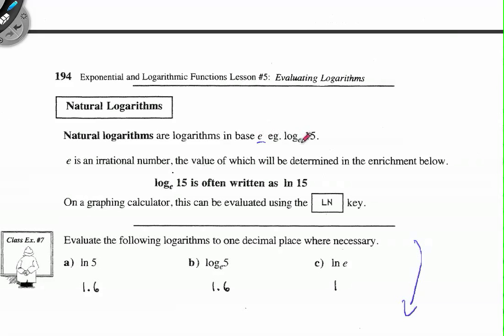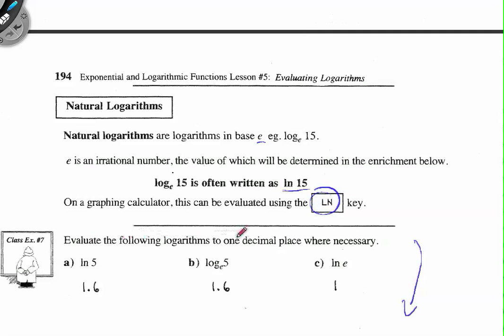If we use base e, we are using what's called natural logarithms. e is an irrational number, very much like pi. Log 15 base e is often written as ln 15, and I'll refer to it as ln 15, rather than log 15. So in the graphing calculator, use the ln key.